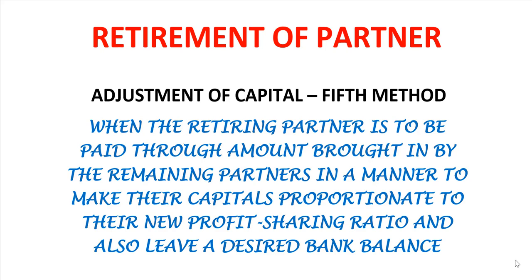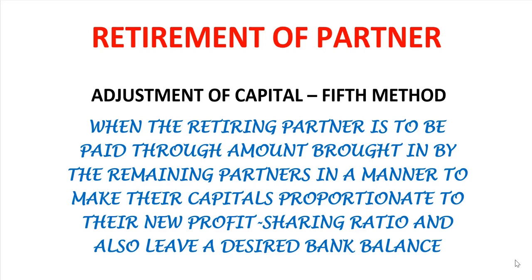So the retiring partner will be paid off. The remaining partners will bring in cash when necessary. The final capitals of the remaining partners will be in their profit sharing ratio, and the cash brought in by the remaining partners will be in such a way that a desired bank balance remains at the end of the reconstitution.